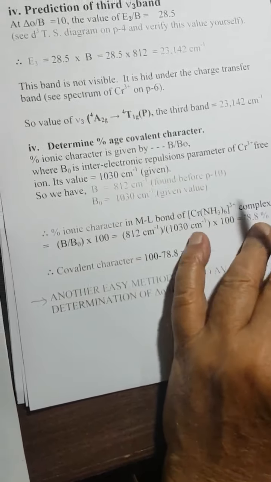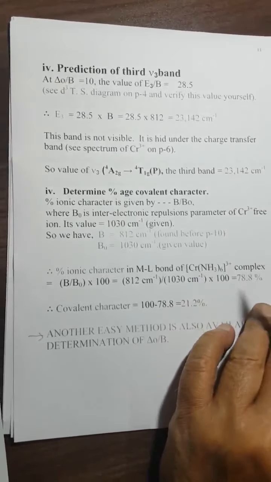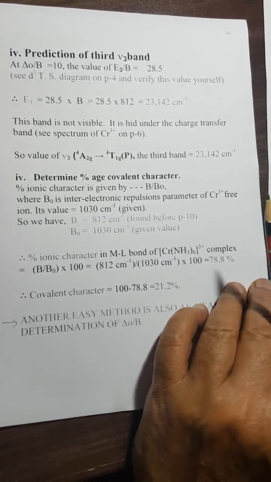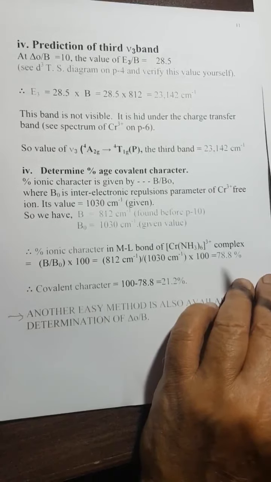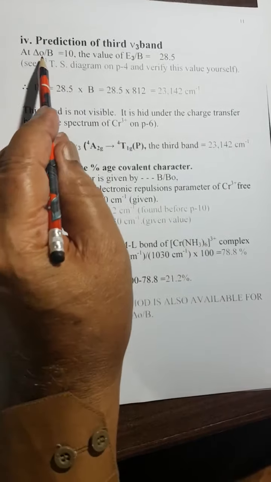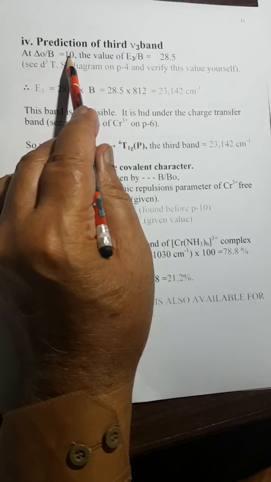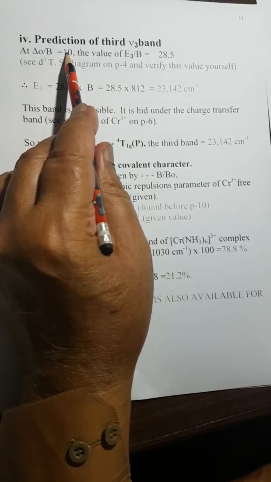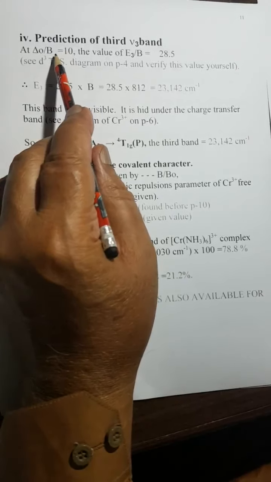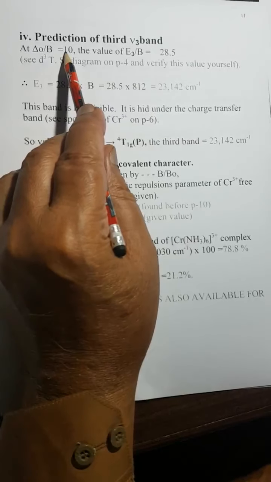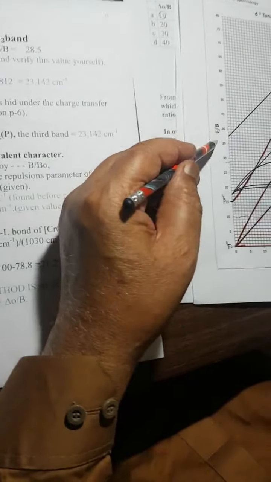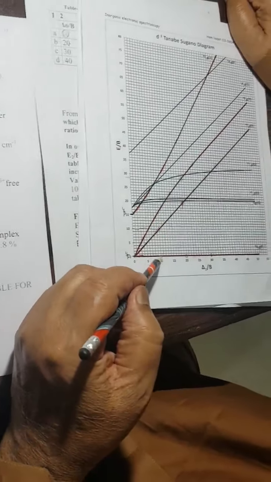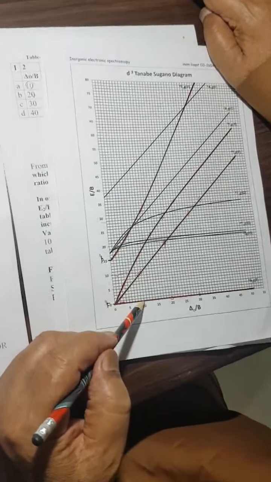This is a prediction of the third band. How do we do it? For this you have to consult the Tanabe-Sugano diagram. The value of delta octahedral over B will be 10. At this value, we look at E3 over B, see this E over B scale on the Tanabe-Sugano diagram.